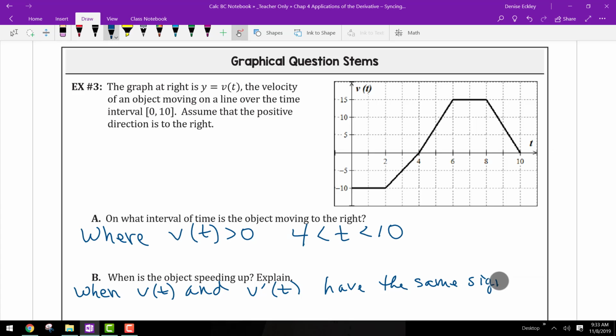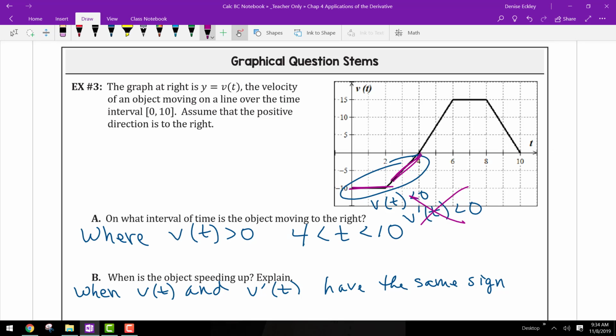So in 0 to 4 seconds, v of t is less than 0, so we would want v prime of t to also be less than 0. And you can see that we have a positive slope along this part of the velocity and a 0 slope here. So this does not occur. So we don't have a part of the graph between 0 and 4 seconds where the derivative of the velocity is negative, like the velocity itself.